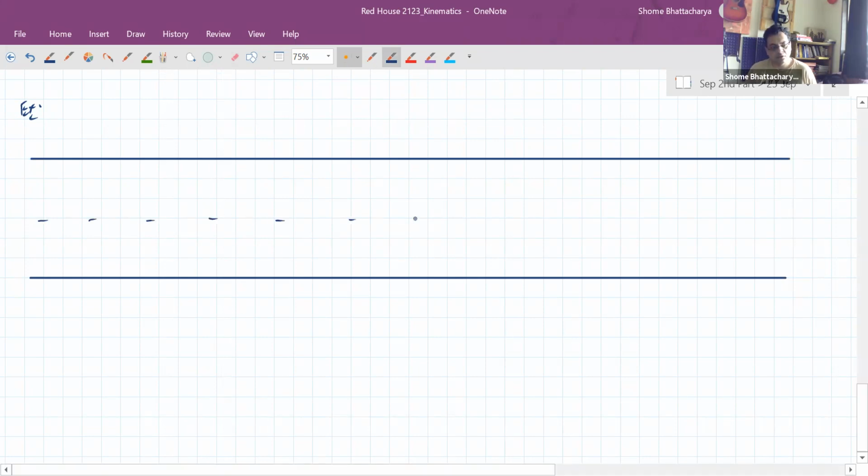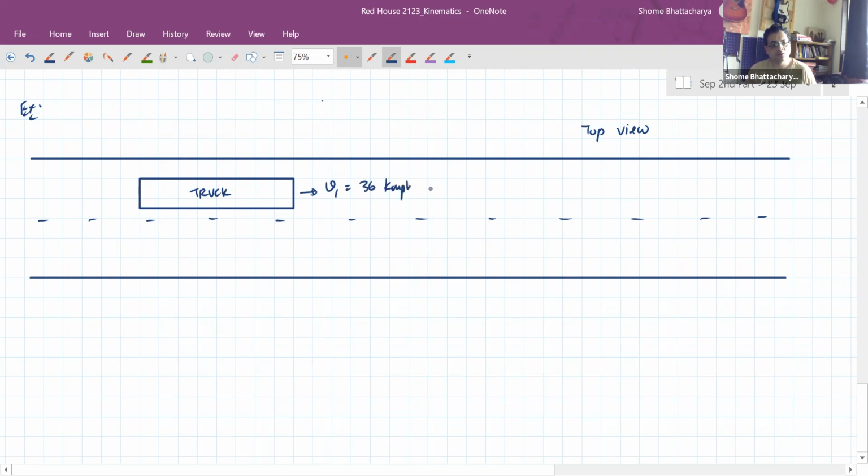So let's say this is the top view of a two-lane road. What's happening here is that we have a long trailer truck, which is moving at a constant velocity of 36 kilometers per hour, and its own length is, let us say, 25 meters.